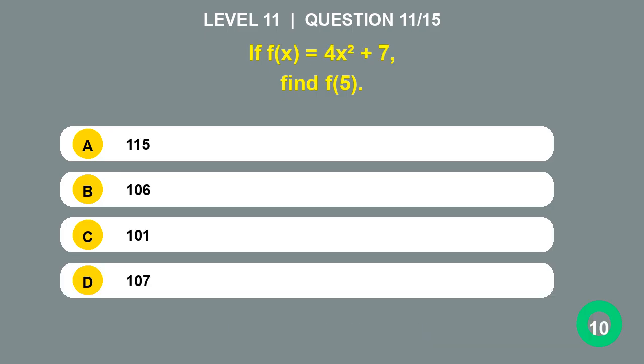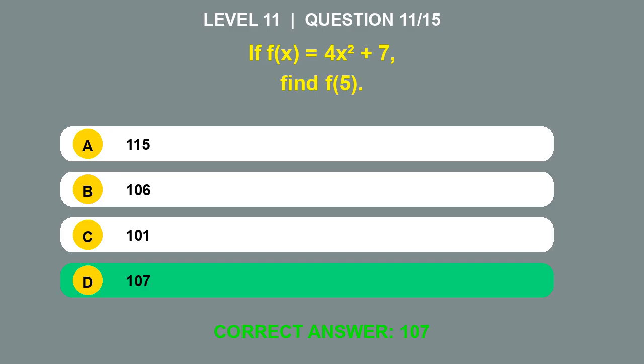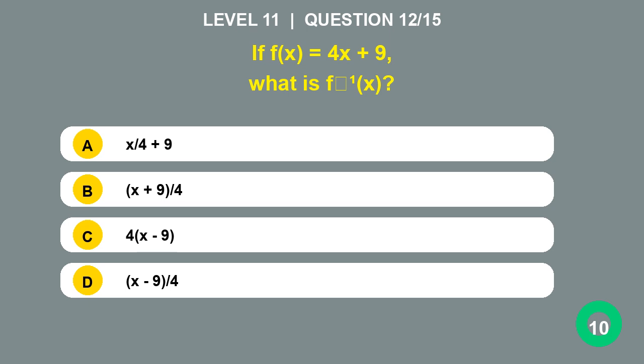If f(x) equals 4x squared plus 7, find f(5). Answer is 107. If f(x) equals 4x plus 9, what is f inverse of x?